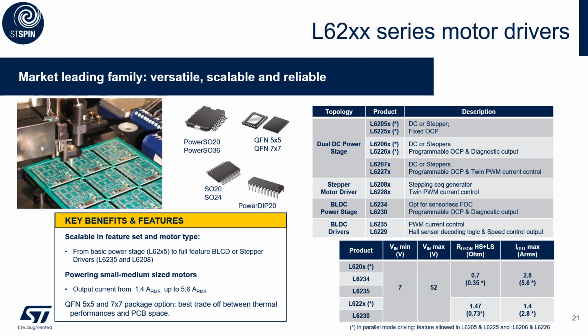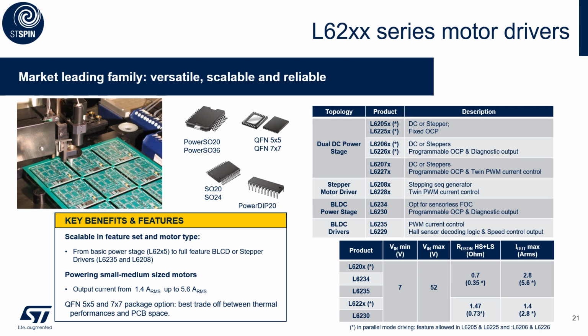There we have the X5 with just a fixed overcurrent protection. The X6 offers a programmable overcurrent protection and a diagnostic output. X7, additionally to that, offers a twin PWM current control.